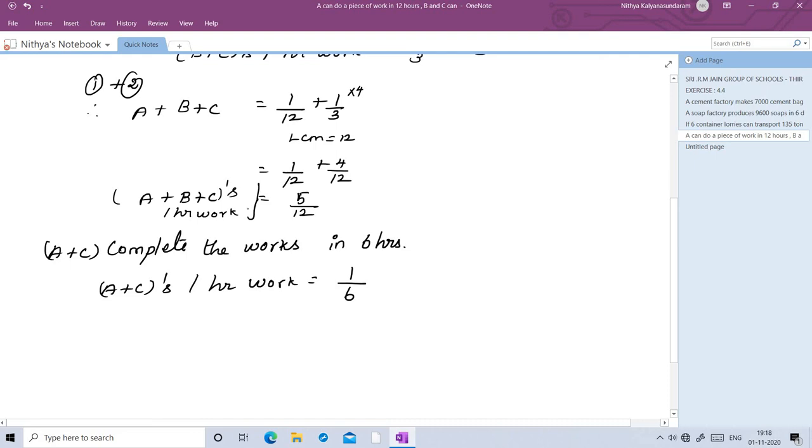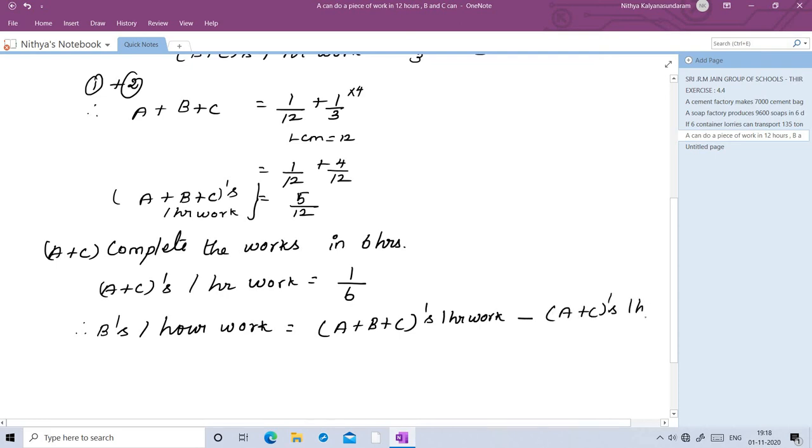So we have A plus B plus C together, and we also have A plus C's work. If you subtract these two, you will get B's work alone. Therefore, B's 1 hour work is equal to A plus B plus C's 1 hour work minus A plus C's 1 hour work.